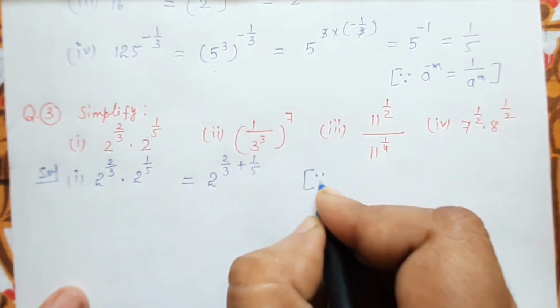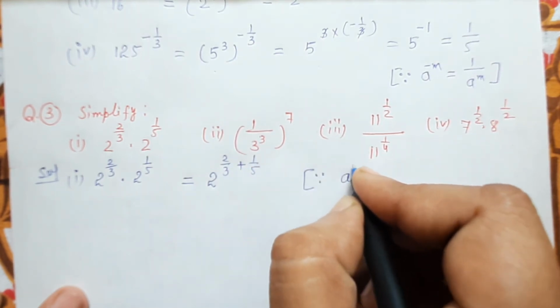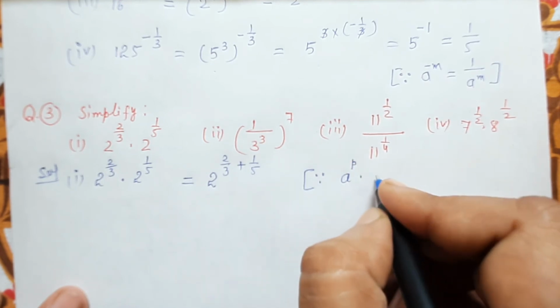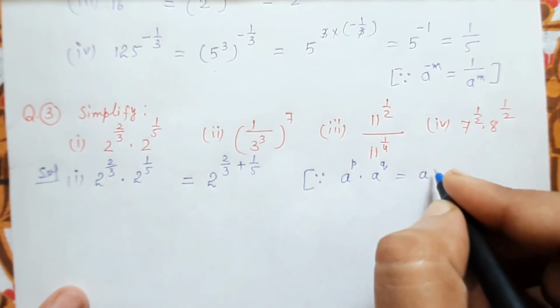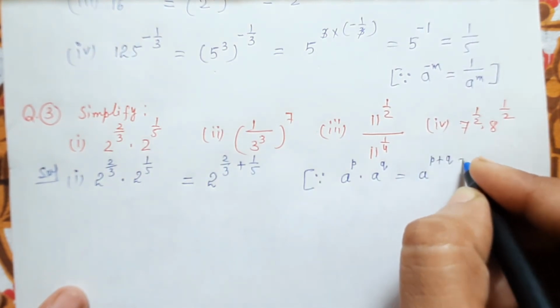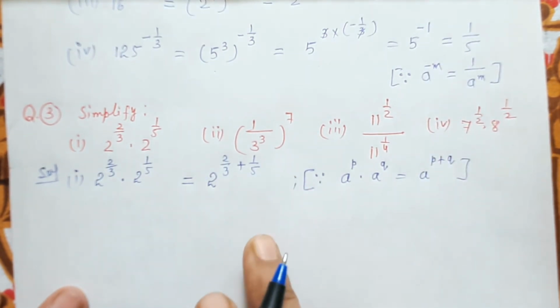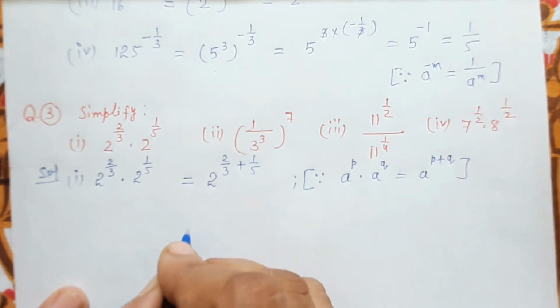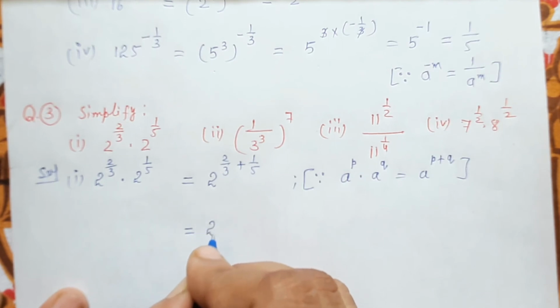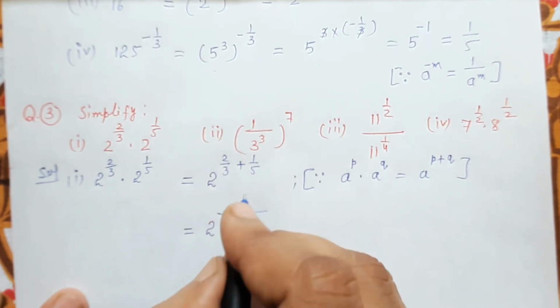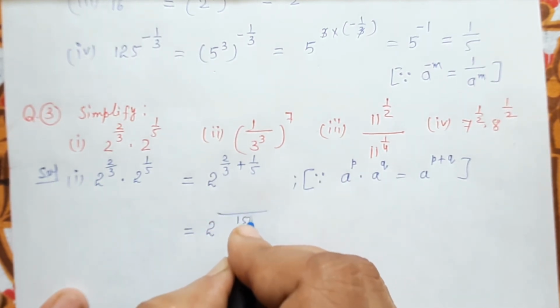We'll write the reason also, since a raised to power p into a raised to power q is equal to a raised to power p plus q. By using this identity, now to solve the fractions we have to take the LCM. So 3 and 5's LCM will be 15.